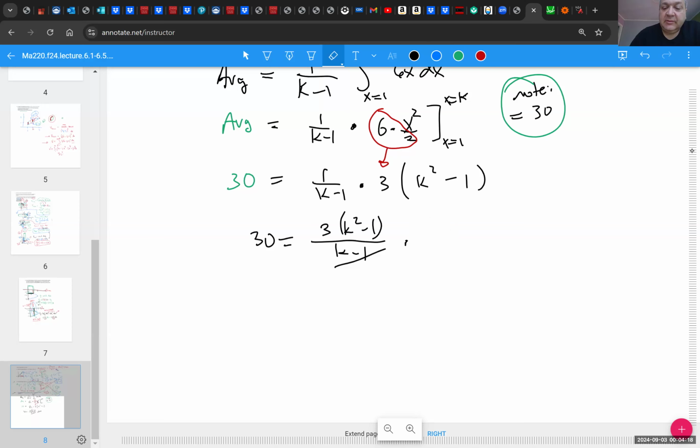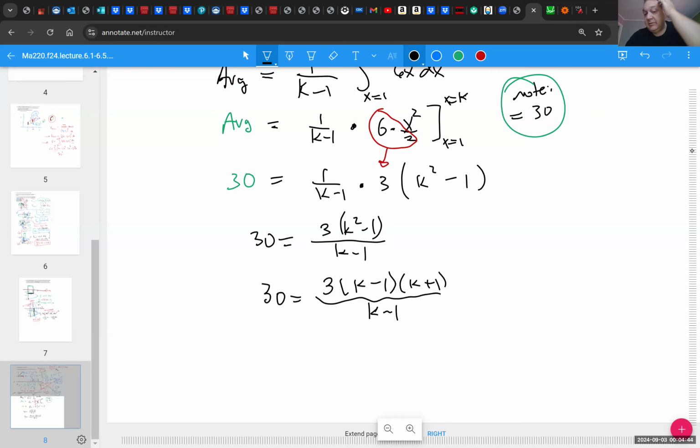Let me show you a little bit easier way of doing it for this problem. You may remember factoring is a way of simplifying expressions. k squared minus 1 is k squared minus 1 squared. We call this the difference of squares in the math business. And that factors to k minus 1 times k plus 1. So in this case, I set it up so that factoring works.